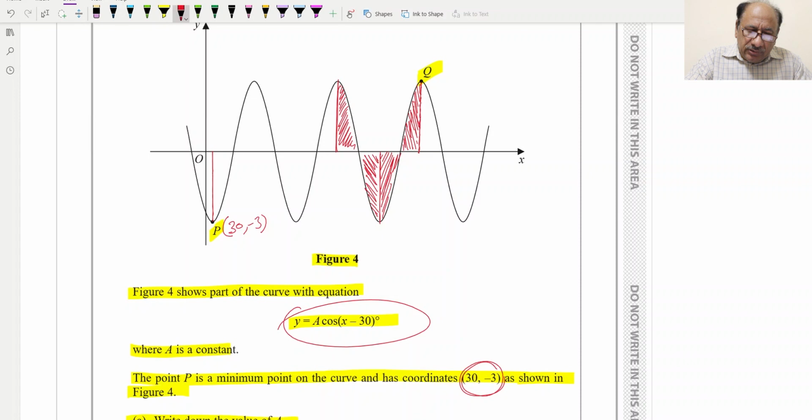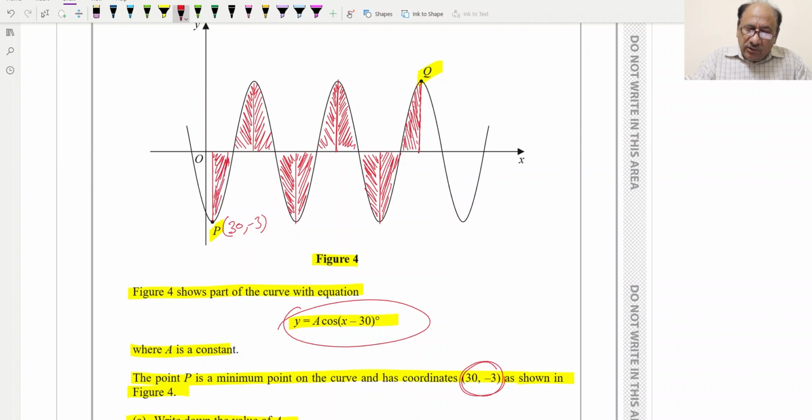So this will be 90 degrees, and this will also be 90 degrees. Similarly, we can split this one and this one also into 90 degrees, and this one also 90 degrees, and lastly this is also 90 degrees.